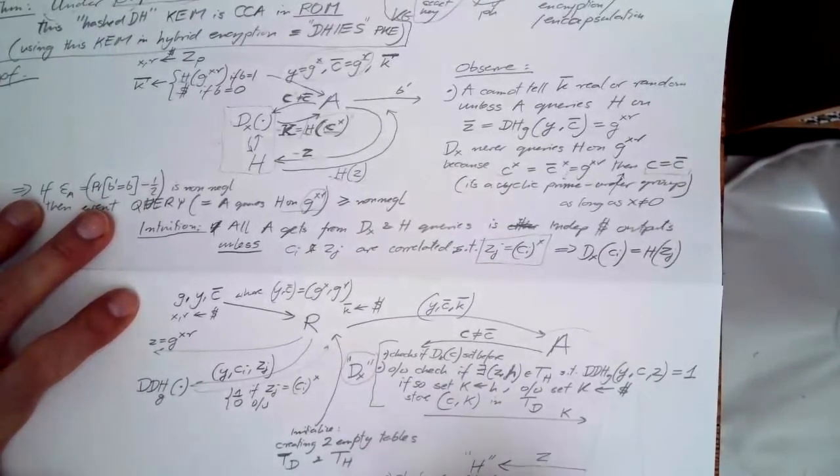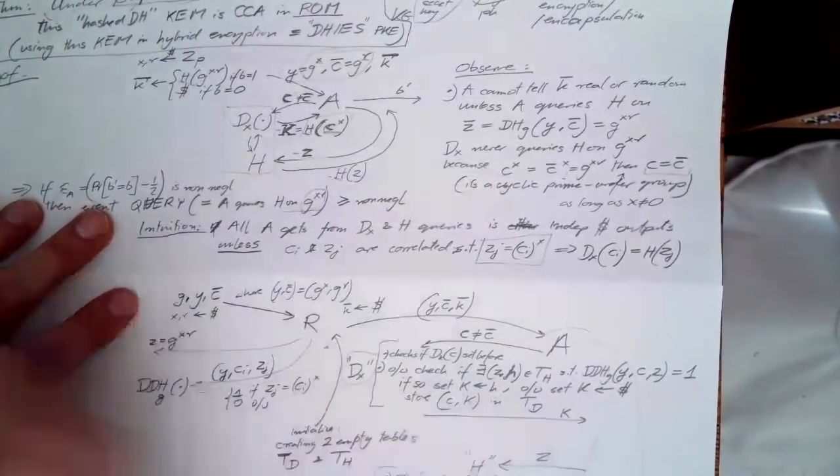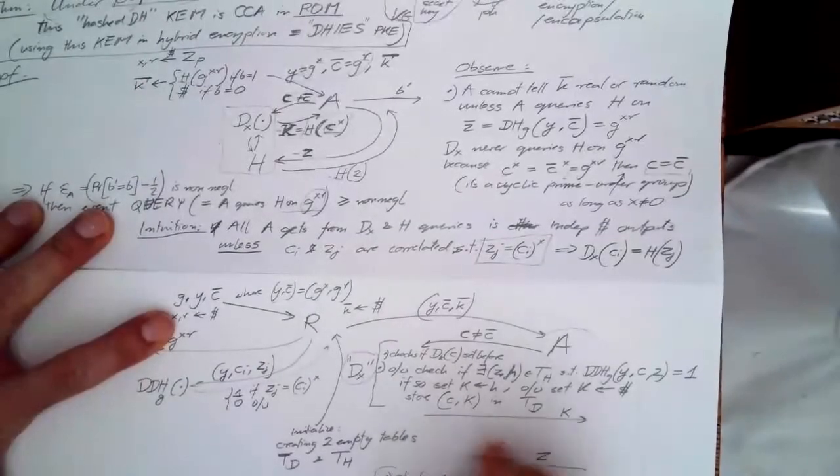If so, set the value H to be this capital K. Otherwise, set H at random, and store this Z, H in the table for the hash. That's the hash value that you return. So this is the H oracle simulation.